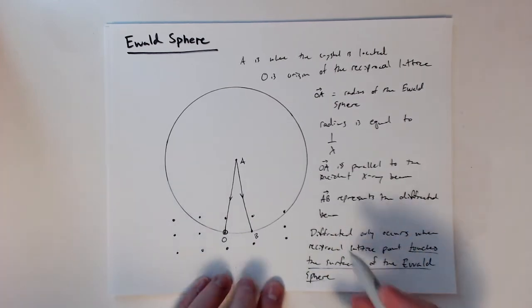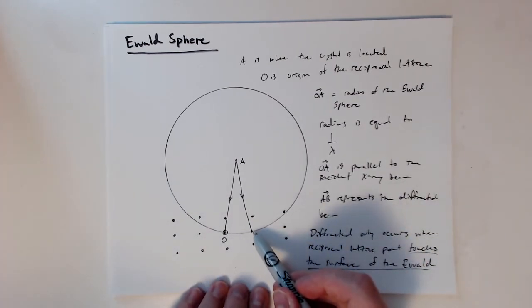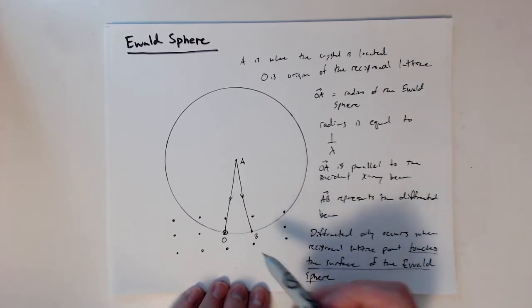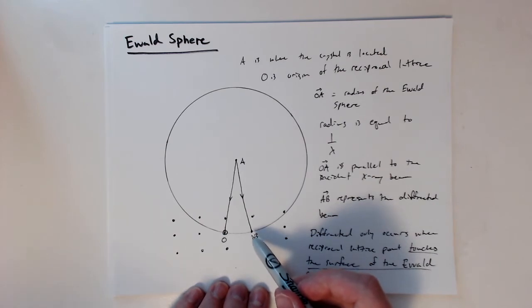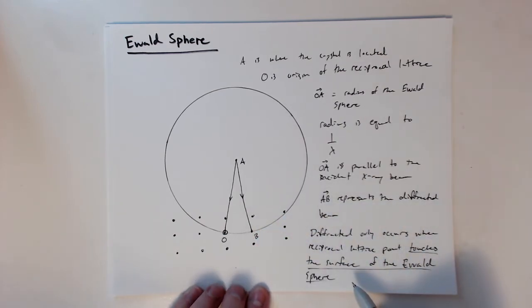For point B here, you can see point B is on the surface of the circle, which in 3 dimensions is a sphere. Since it touches the surface, it satisfies the Bragg conditions.